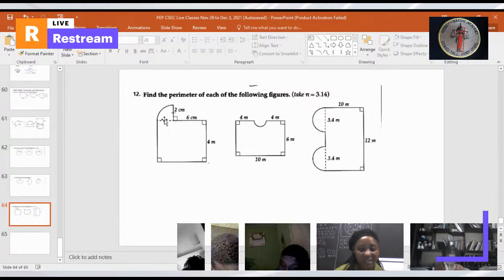So how much is this distance? This part is 6 centimeters. This part is what? It has to be 2, there's a little stroke there. So this is 2 centimeters. That means this distance is 6 plus 2, which is 8, right? So this is also 8 centimeters.